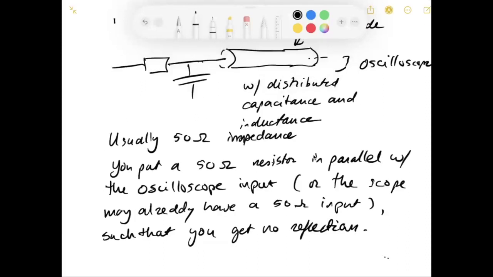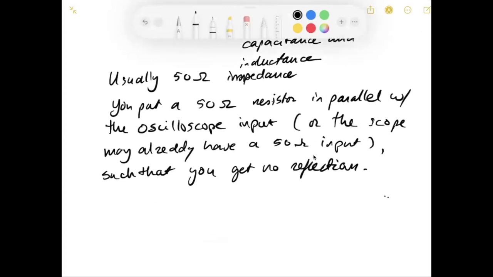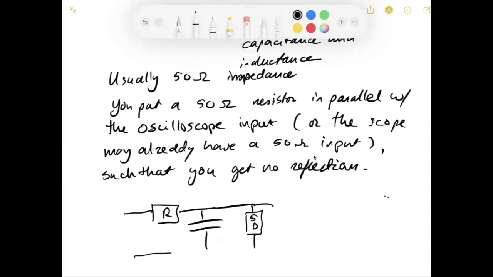So in that case, obviously, if that's a 50 ohm that is in parallel with your capacitance, you need to design your circuit very, very differently, because that 50 ohm, so let's say you have a resistor now here, that 50 ohm from the point of view of your circuit is going to sit here. So you should consider the fact that there's going to be a 50 ohm impedance in parallel with the capacitor.